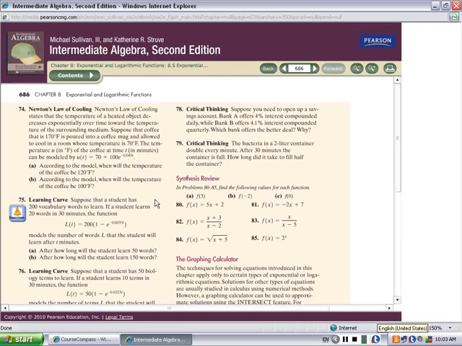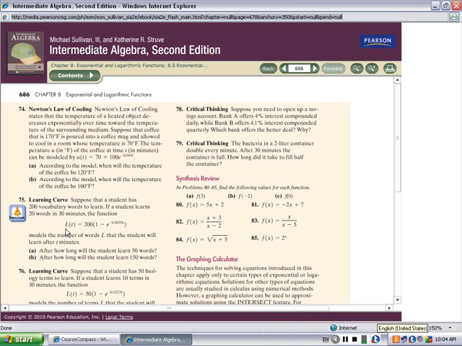What does the 75 say? This is talking about study. It says, suppose that a student has 200 vocabulary words to learn. If a student learns 20 words in 30 minutes, pretty fast, the function will be this.